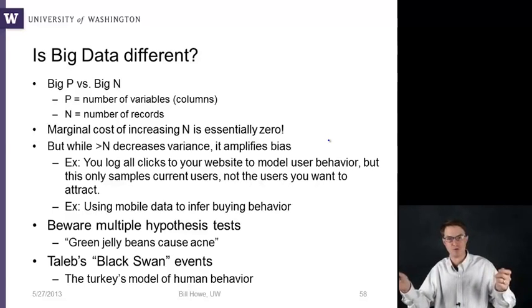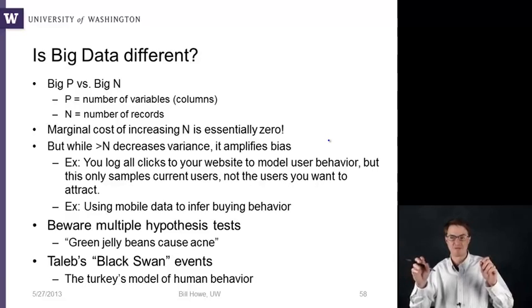Another example is mobile data, and this comes up in polling for, say, the presidential election. You're only sampling people that have cell phones, and this may or may not be the same population you want to be sampling. Okay, so this may ignore lower income groups or different age groups. You need to be careful with multiple hypothesis tests as well, as we pointed out.